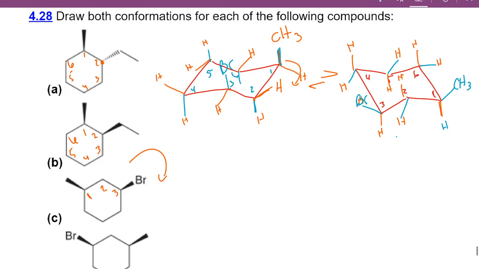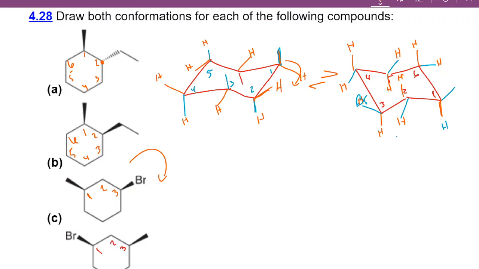So let's go ahead and do D. Let's erase that bromine there, and I have to put my lines back in. Just going to do this last one. Let's call this 1, 2, 3.